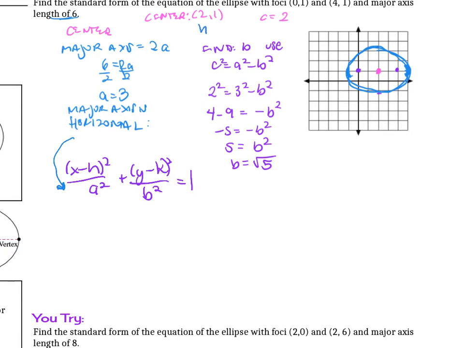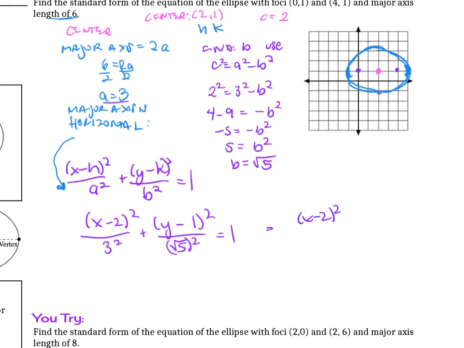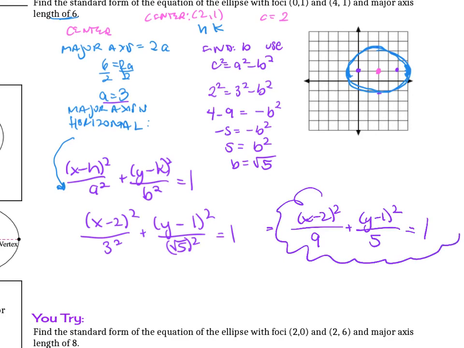The center is (h, k) = (2, 1). So we have (x minus 2) squared over a squared, and a is 3, plus (y minus 1) squared over b squared, so the square root of 5 squared, and it always equals 1. Then let's simplify this. The answer is (x minus 2) squared over 9 plus (y minus 1) squared over 5 equals 1. So here is the standard equation of the ellipse.